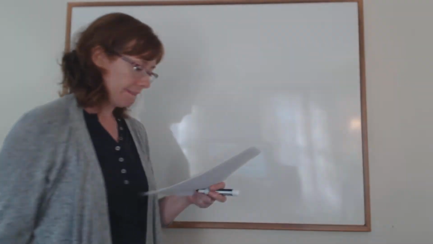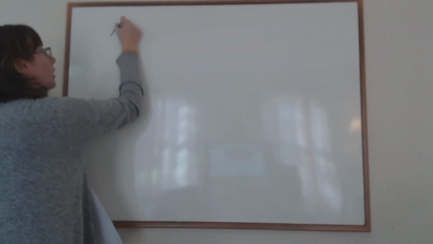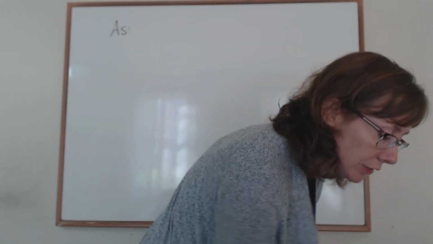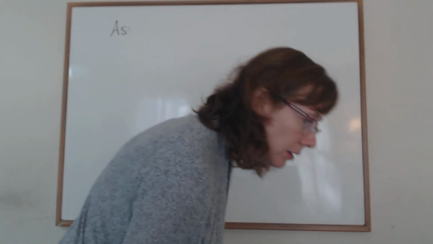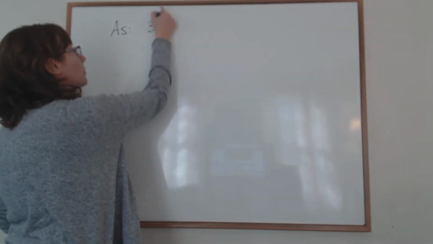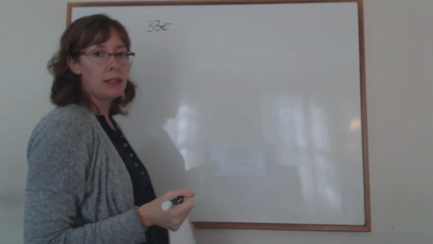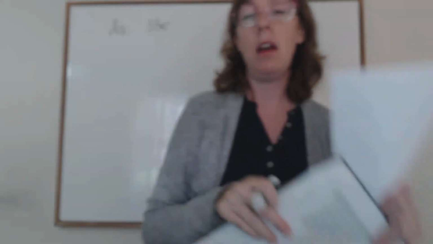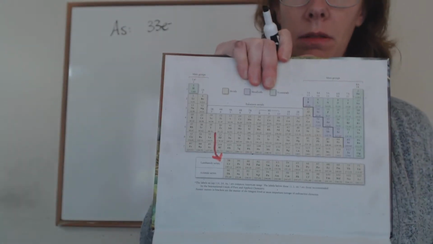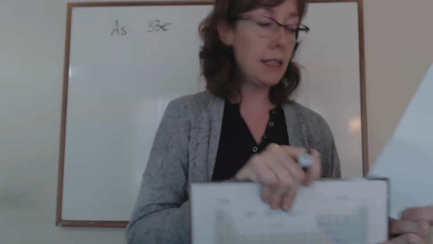All right. How many unpaired electrons are in arsenic? Okay, arsenic. Go to your periodic table and see how many electrons it has. So it has 33 electrons. So there's different ways to do this. If you've gotten pretty good at reading your electron configurations, that's fine.